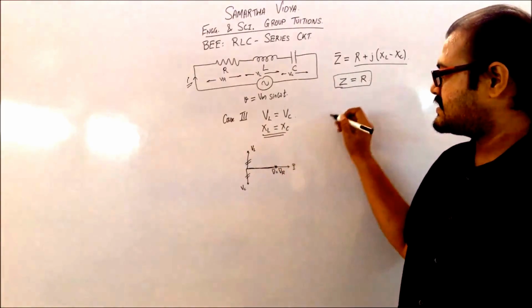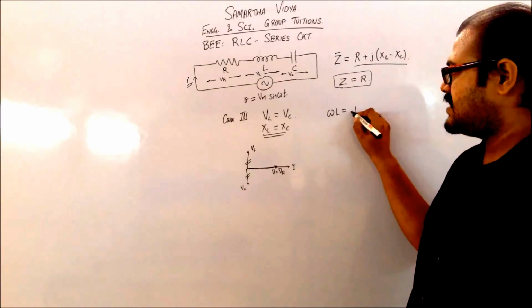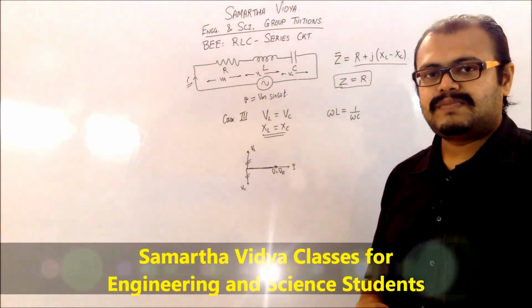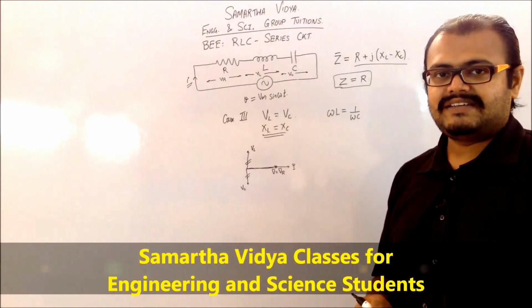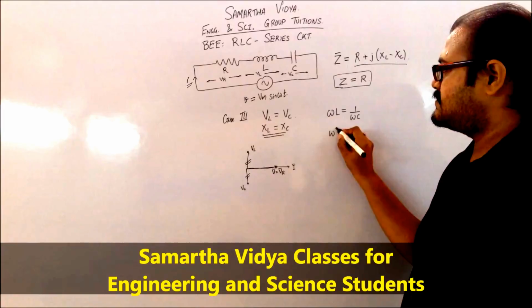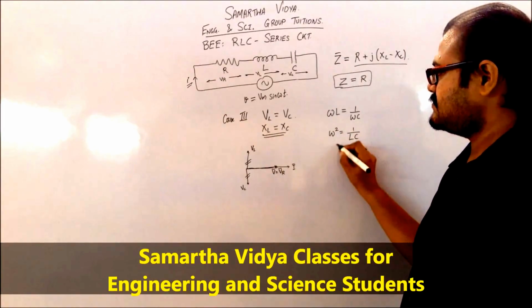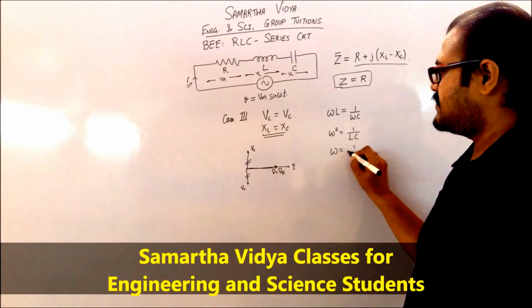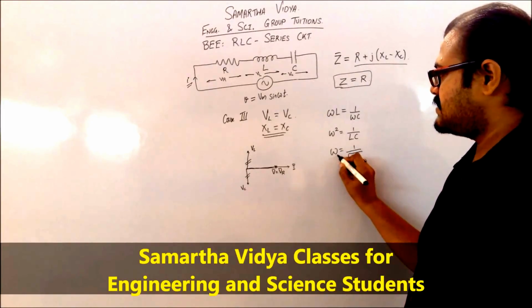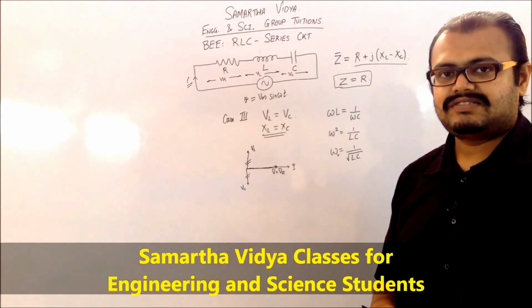Now you know that XL is given by omega L and XC is given by 1 upon omega C. So you can take the omega to the other side, so that omega square is equal to 1 upon LC. So omega will be 1 upon root LC. This omega is nothing but the angular frequency at the resonant condition.